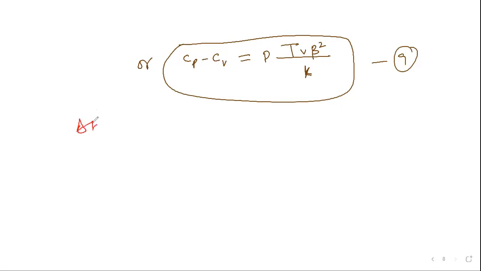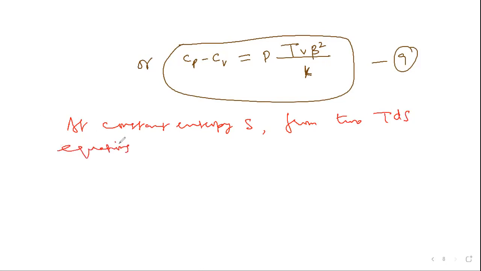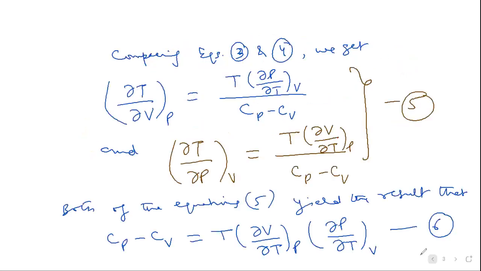You should take constant entropy S from the 2 TDS equations that are our 1 and 2.